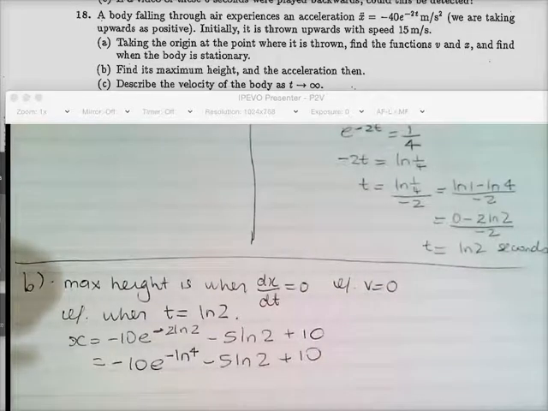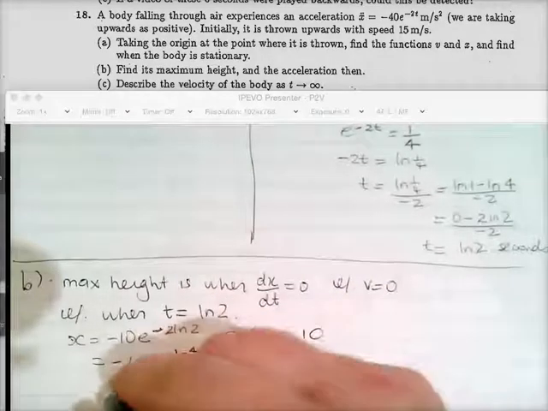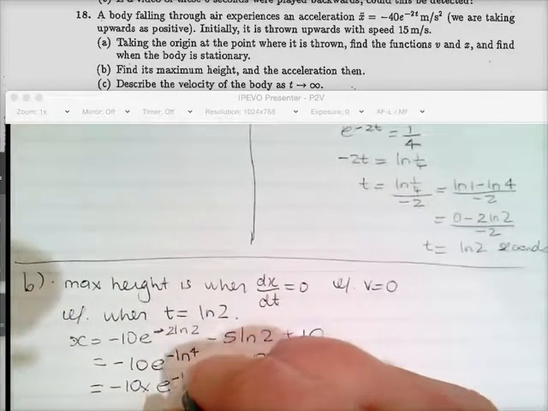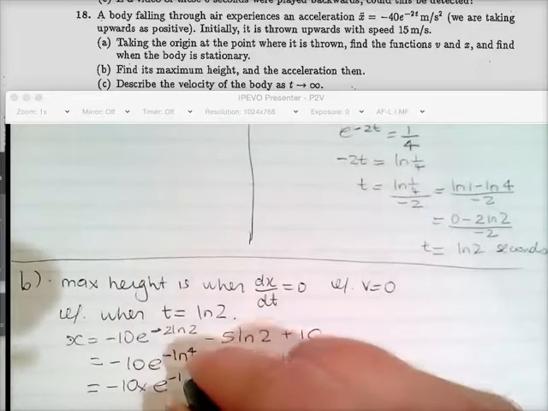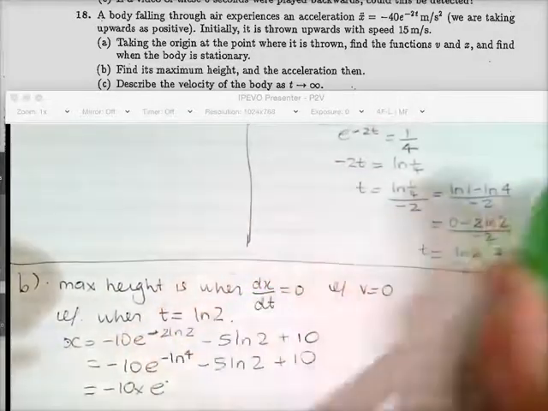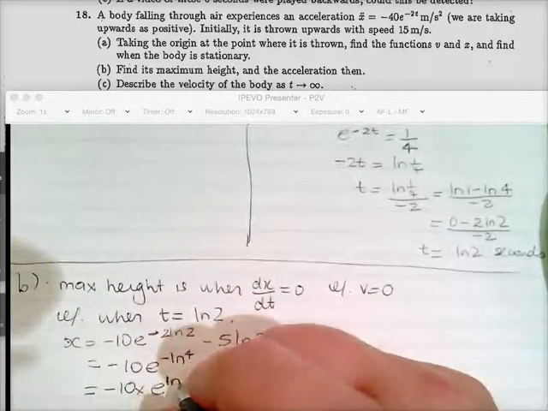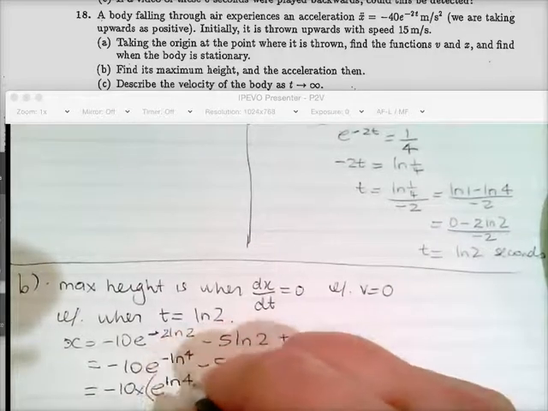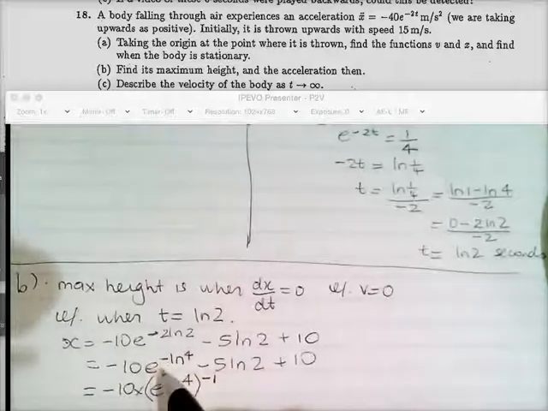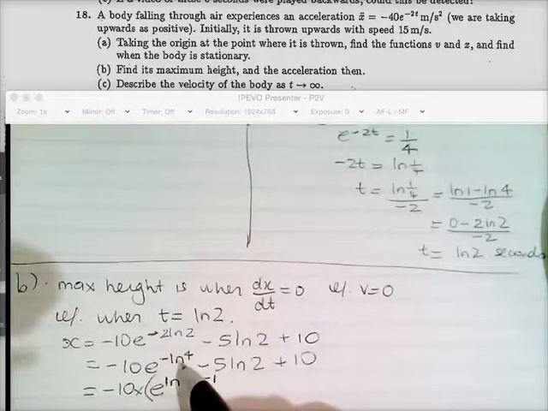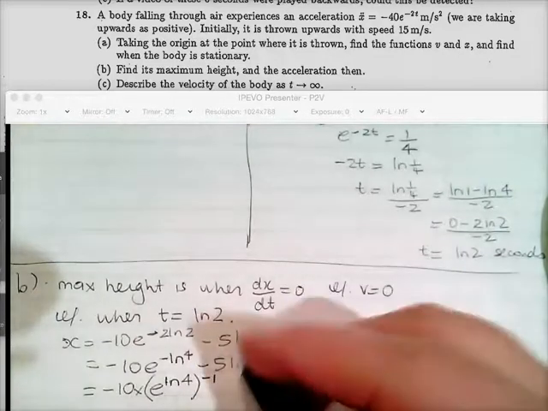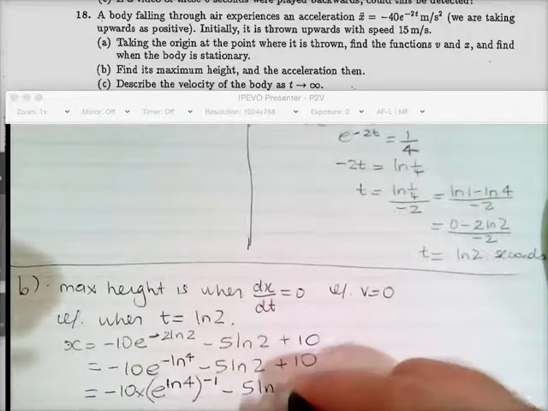Now this is negative 10 times e^(-ln 4), which is e^(ln 4) to the power of negative 1, minus 5 ln 2 plus 10.